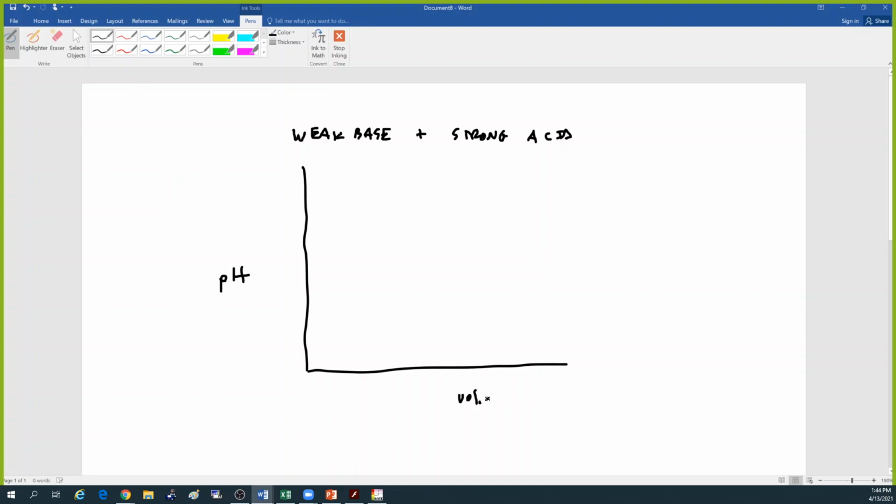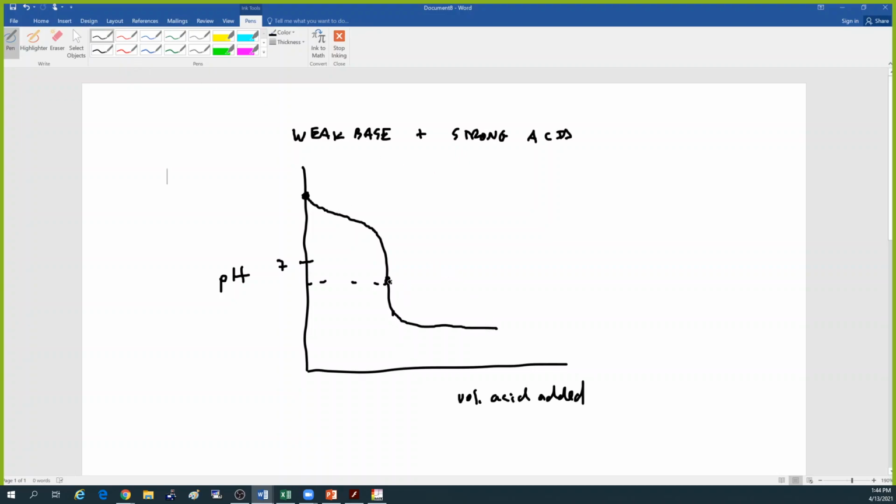So this time it's the volume of acid added. Clearly we would start at a higher pH. Let's call this 7. The pH would first creep down a bit. Then our equivalence point jump would happen at a pH centered less than 7. And then if we kept adding acid, it would trail off again.